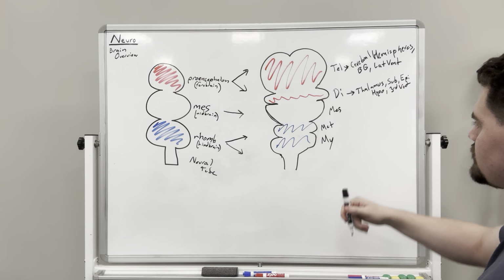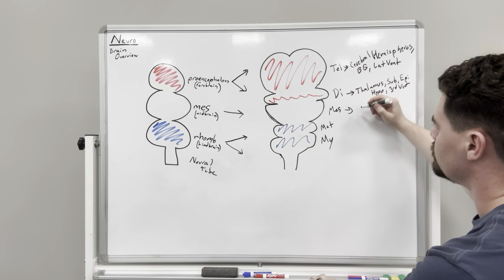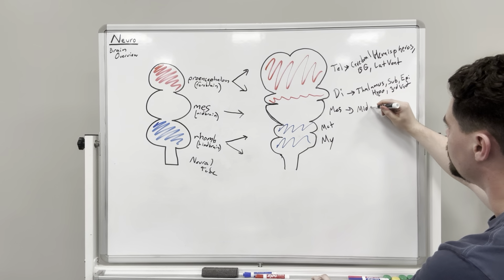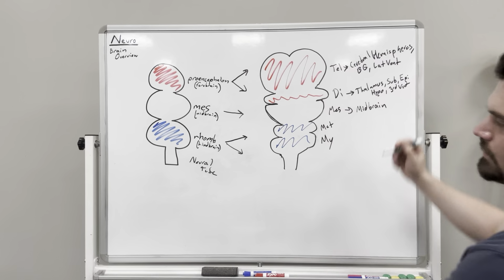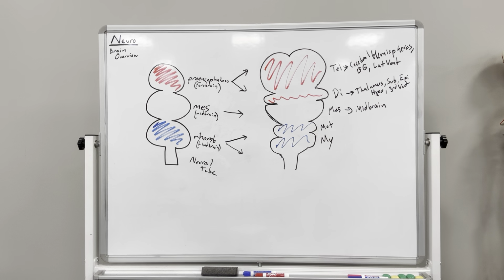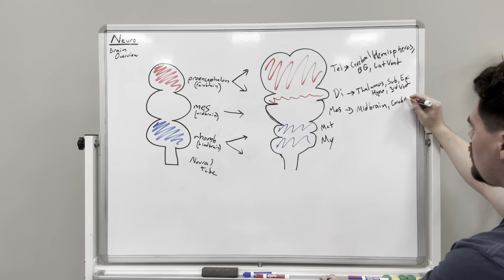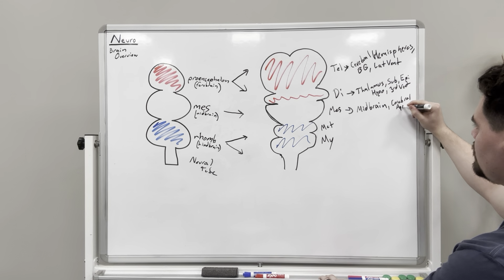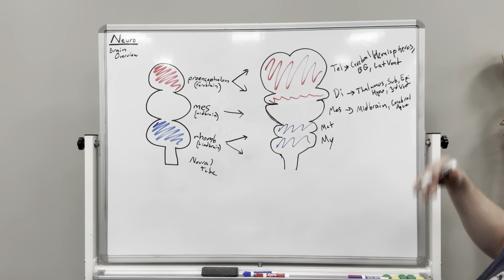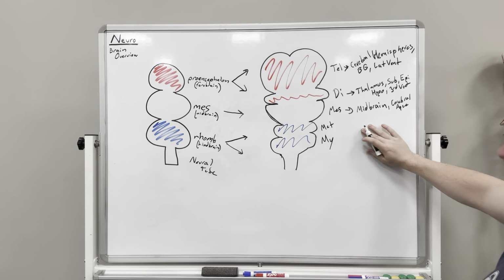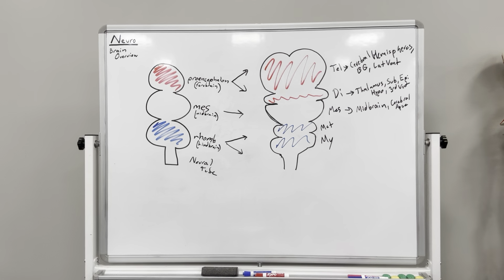And then the mesencephalon, well, I wonder what that develops into. The midbrain, duh. I mean, we were already calling it the midbrain. But it also develops into the cerebral aqueduct. And remember that is what connects the third ventricle to the fourth ventricle, and that's going to be what is down here.